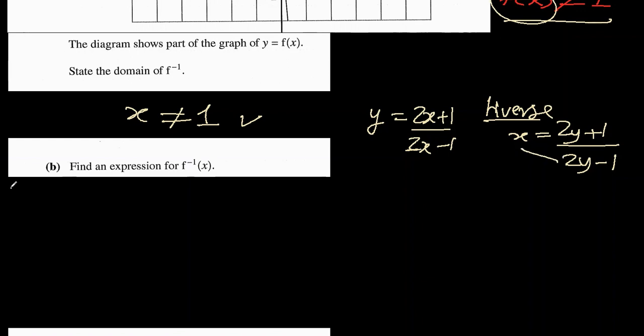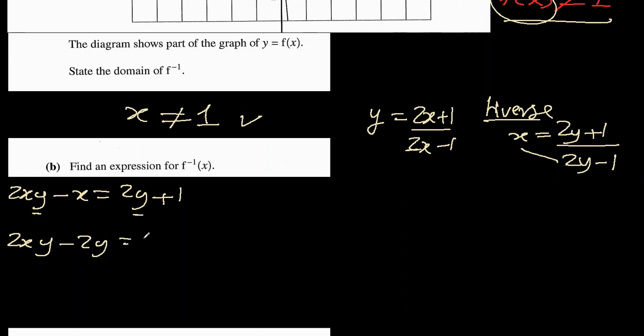So 2xy minus x equal to 2y plus 1, and now our purpose is to isolate y, make y the subject. 2xy minus 2y equal to x plus 1, take y common here. So y times 2x minus 2 equal to x plus 1.